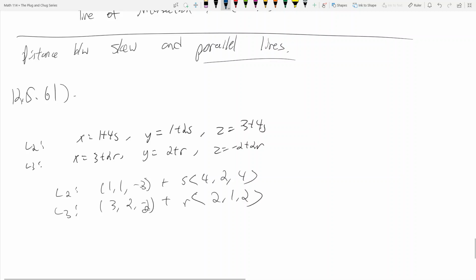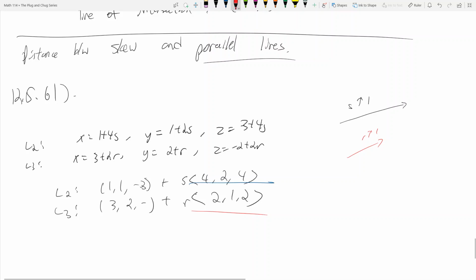And we see that the vector component of L2 and the vector part of L3 are just scalar multiples of each other, right? So when s goes up by 1, it goes that long, but when r goes up by 1, it goes half as long. So these are parallel lines.